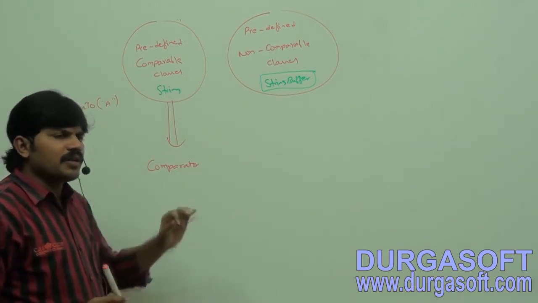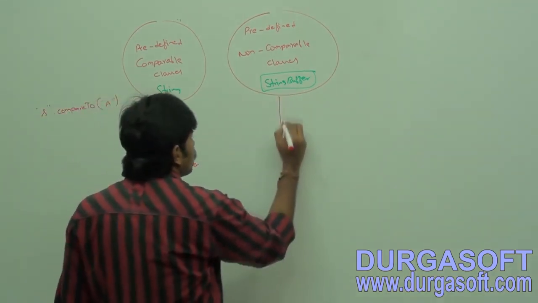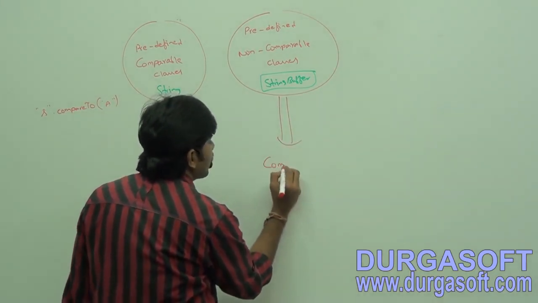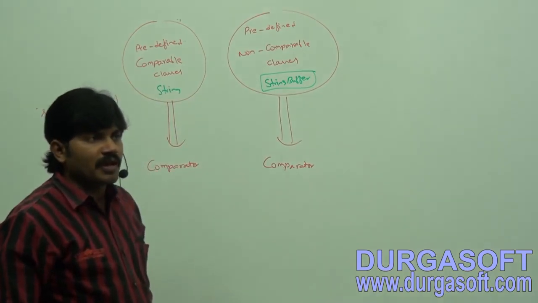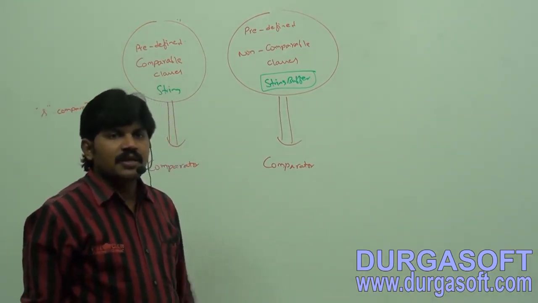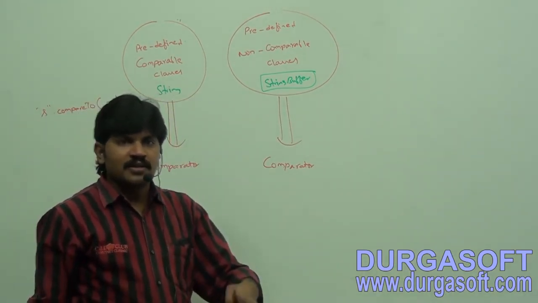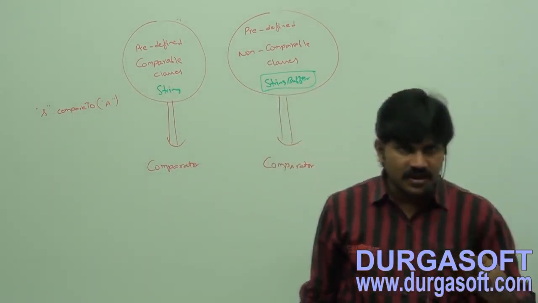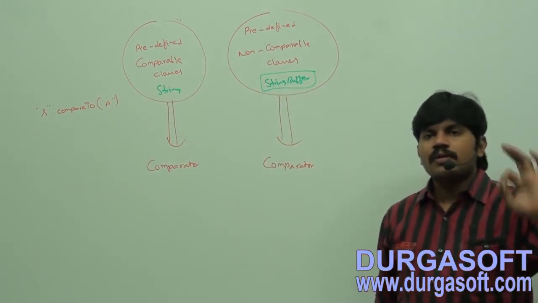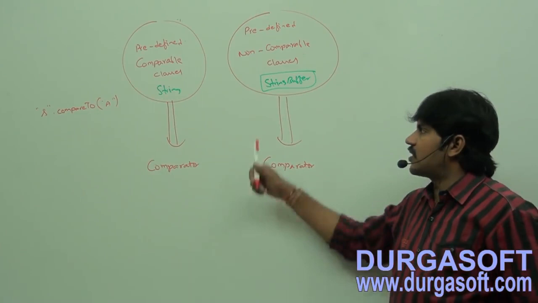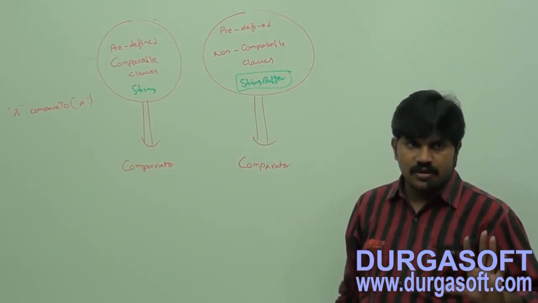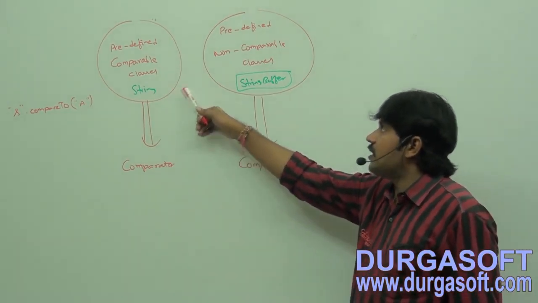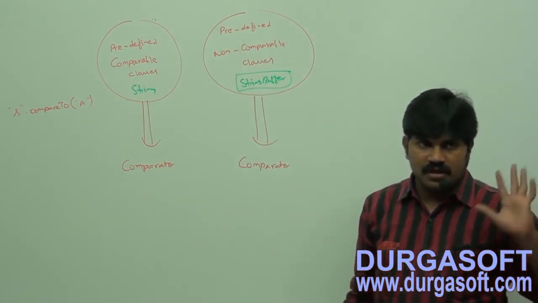If you want to define any sorting, compulsorily we should go for the Comparator concept only. Then you may ask, sir, why don't you provide a compareTo method for StringBuffer? StringBuffer is a predefined class, and we can't perform any change in a predefined class. That's why, if you want our own sorting for StringBuffer, compulsorily we should go for Comparator.